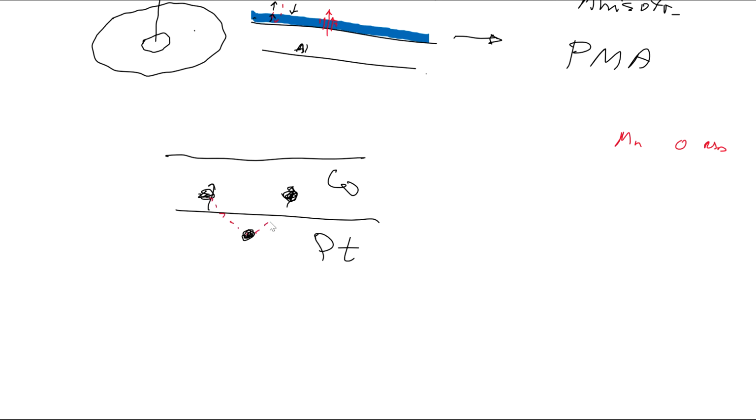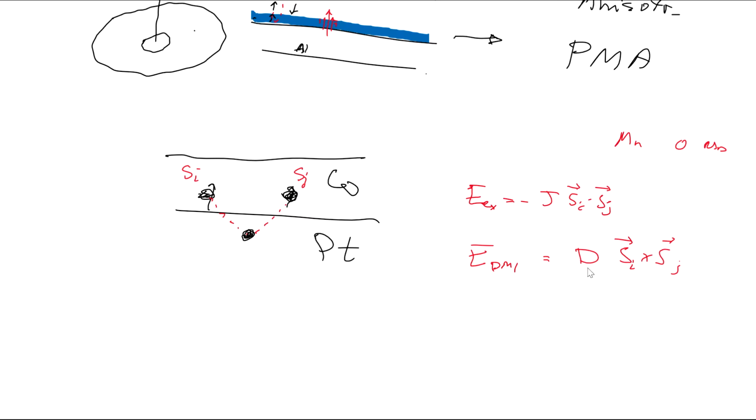And when they interact through platinum, let's say this has spin S_i, this has spin S_j, spin or magnetic moment, it turns out that besides our exchange interaction and exchange energy, which goes as S_i S_j, the dot product, there will be this additional interaction through the platinum, and it has a name that's abbreviated DMI, and it's proportional to D dot S_i cross S_j.